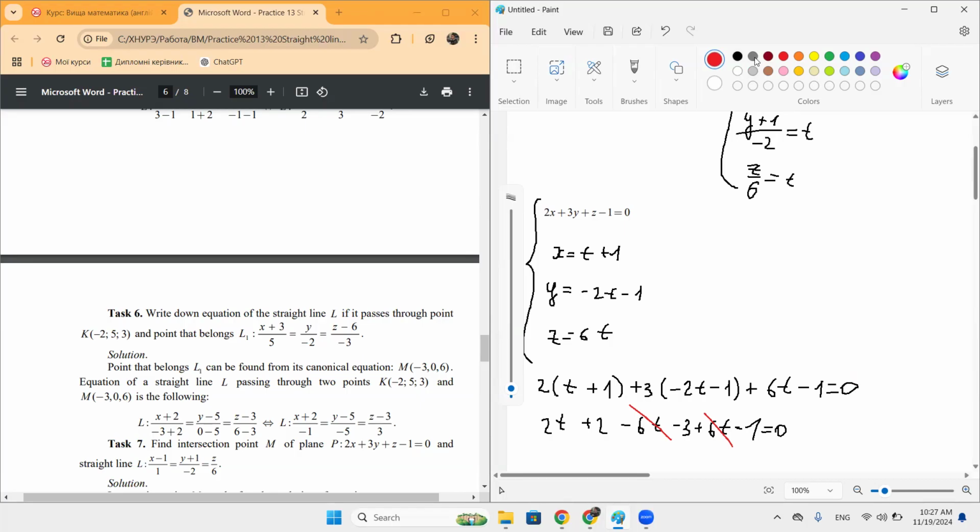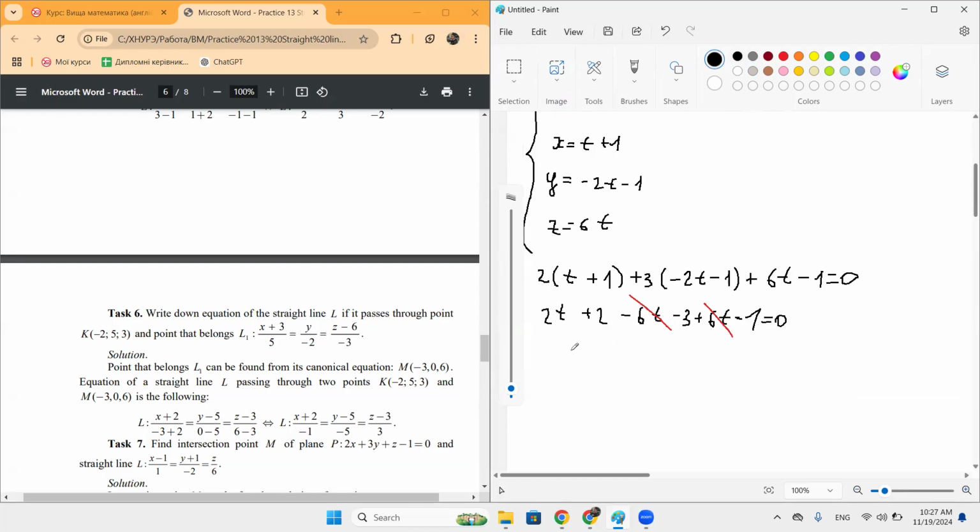So then what do we have? 2t, so 2 minus 3, so minus 1, so 2t minus 2 equals 0. So t equals 1. And then, knowing t, we can find x, y, and z.